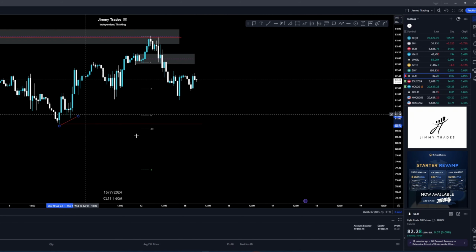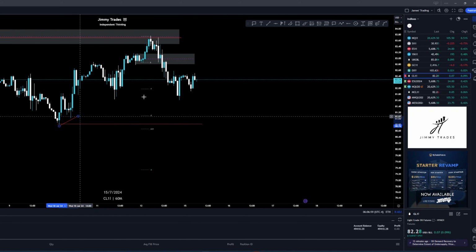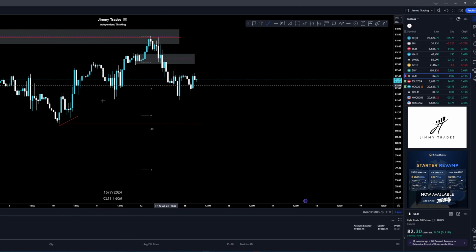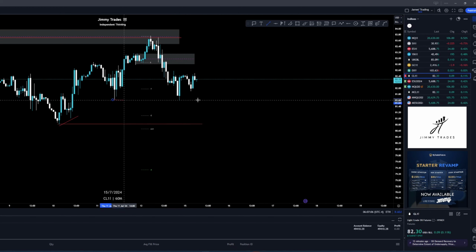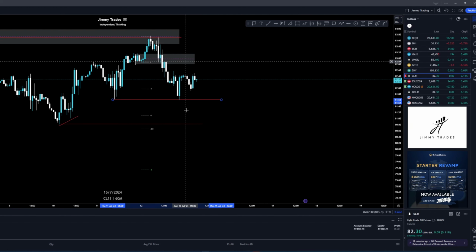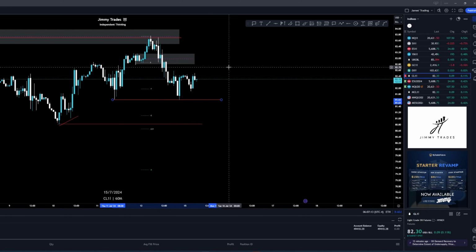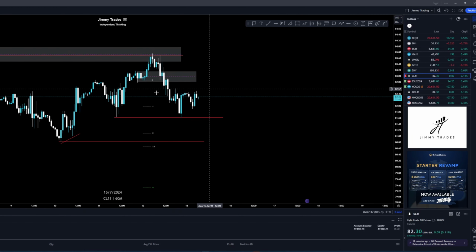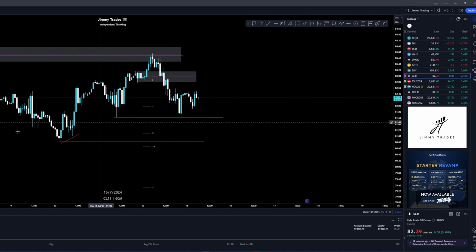So really nice confluence through here. Equal lows. Another good target. So I'm definitely liking bearish price action right now. It certainly looks like a bearish order flow to me.